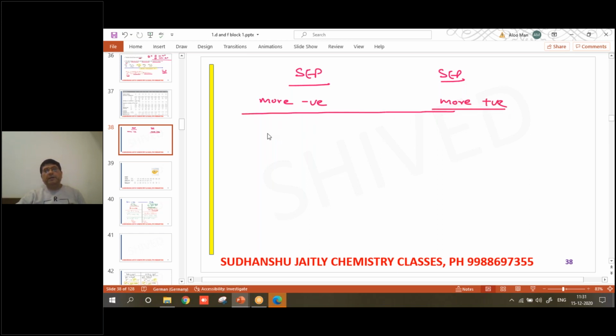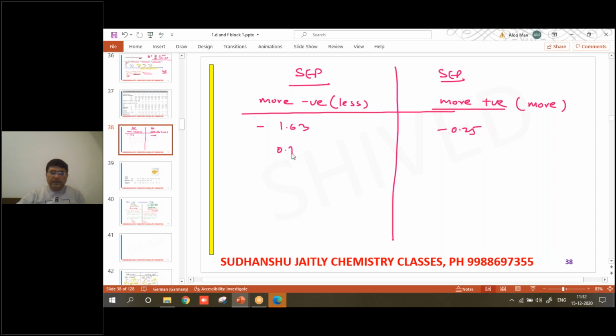I will be including many cases here. Minus 1.63 and minus 0.25. More positive means higher on the number line scale, and this means less, right? I will be putting something like this, say let it be 0.77, and I will be putting 1.97, right?